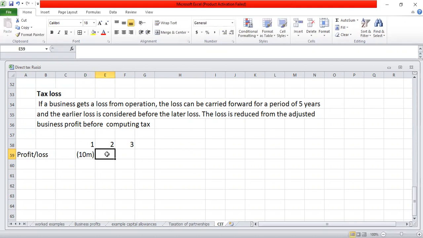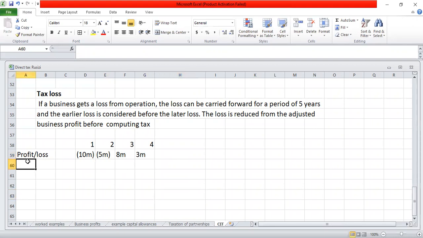Year 2, we made a loss of 5M. Here, we made a profit of 8M, and year 4, we made a profit of 3M. Let's say this.